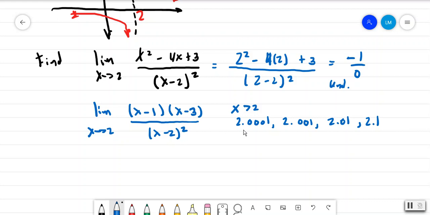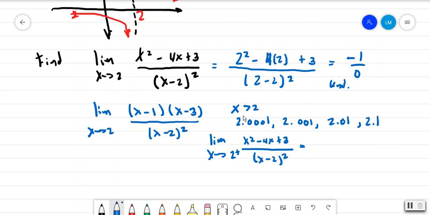So what that means is that if we plug in values for the limit as x approaches 2 from the right side, for our original function x squared minus 4x plus 3 divided by x minus 2 squared, I'm finding that the denominator is definitely going to get smaller and smaller, which means the result is going to get bigger and bigger as we divide by that number.